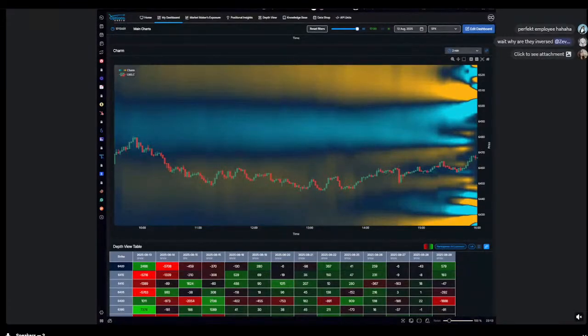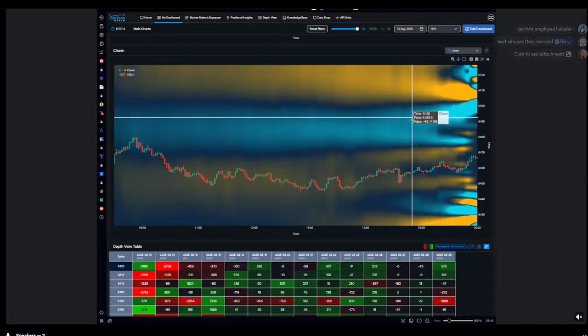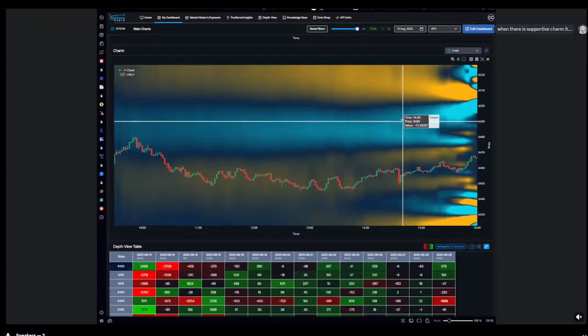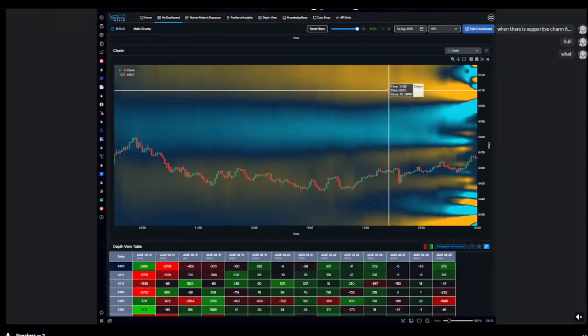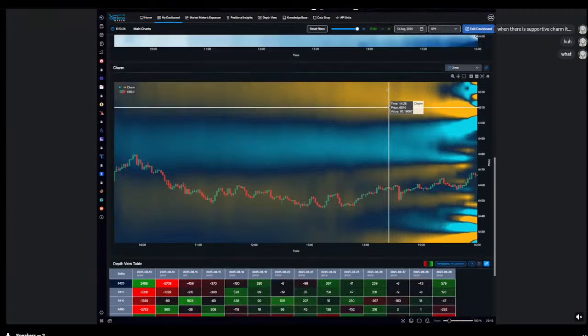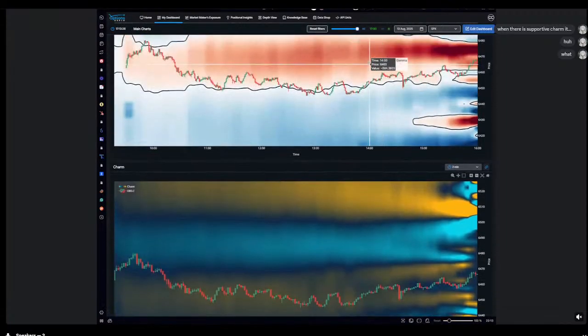Why are they inversed? The values on charm. This confuses everybody. Negative values on charm are supportive and positive values on charm are suppressive, but on gamma it's the opposite. Well, it's not exactly the opposite because it's not exactly supportive or suppressive, but negative gamma is going to cause more chop.